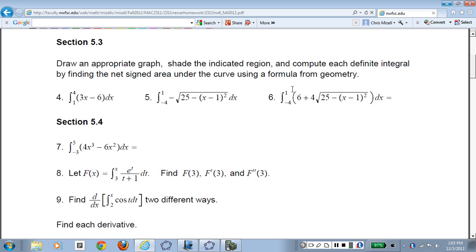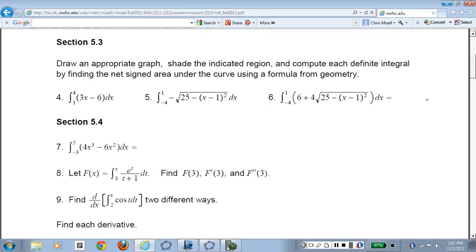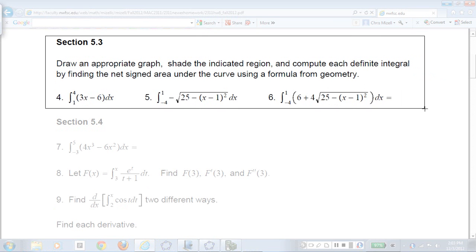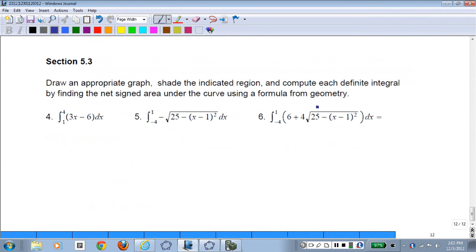So I would like you to be able to figure out what the graph of just plain old y equals this looks like.